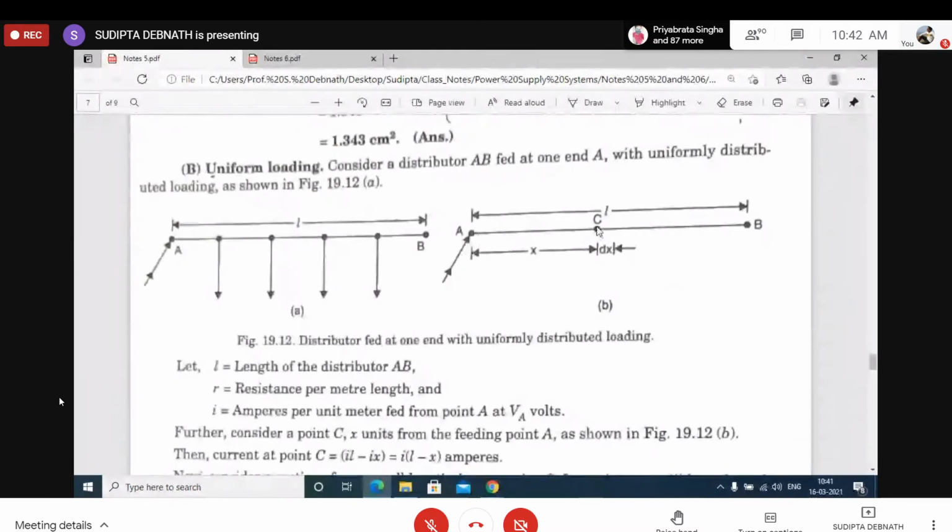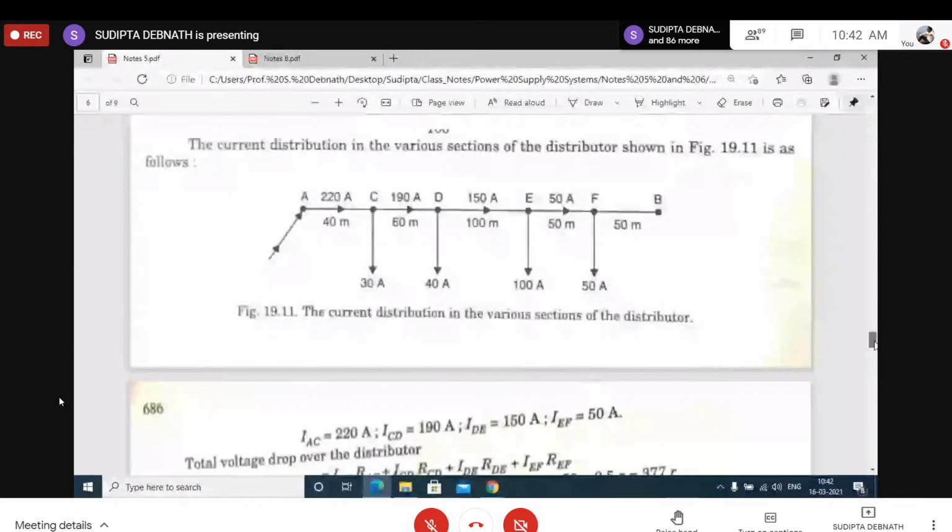So what is the current at this point C? Up to point X, how much current has been taken off from this distributor? Again, it is the same, small i ampere at every 1 meter. So total current will be i into x, isn't it? So what will be the current entering at this point C? Current entering at this point C will be this current minus this whole current, just as in concentrated loading. In concentrated loading, how do we calculate the current entering at D?